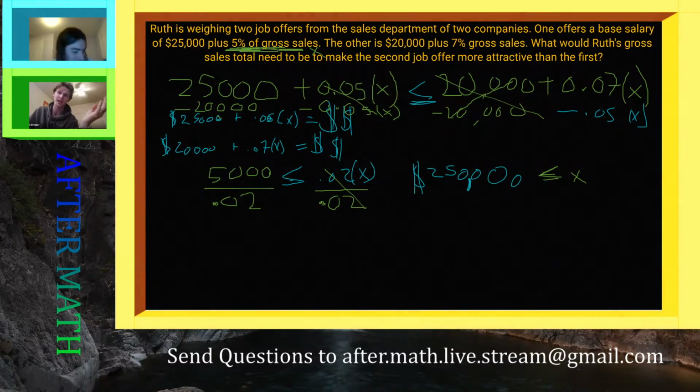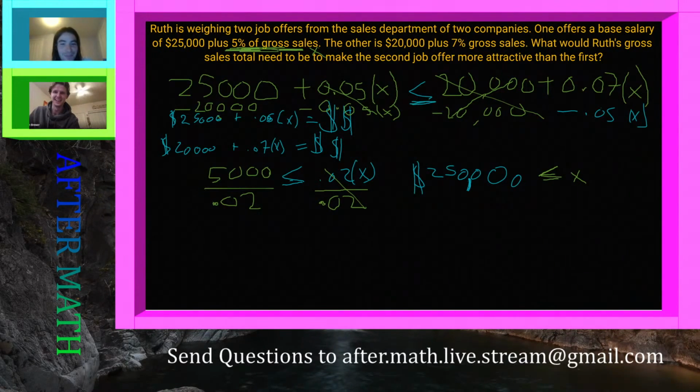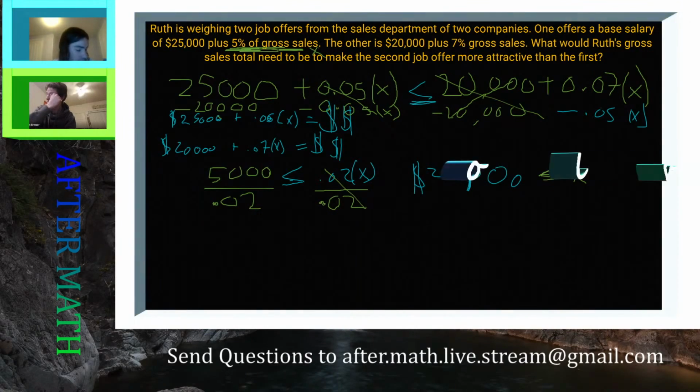They're like, but hey, 7% gross sales, you know. You got this. Yeah, and then they're like, oh, well, you have to sell $250,000. I'm a rich man now. But yep, okay. I think that is solved. Dude, I think you're right. I think that one is solved.